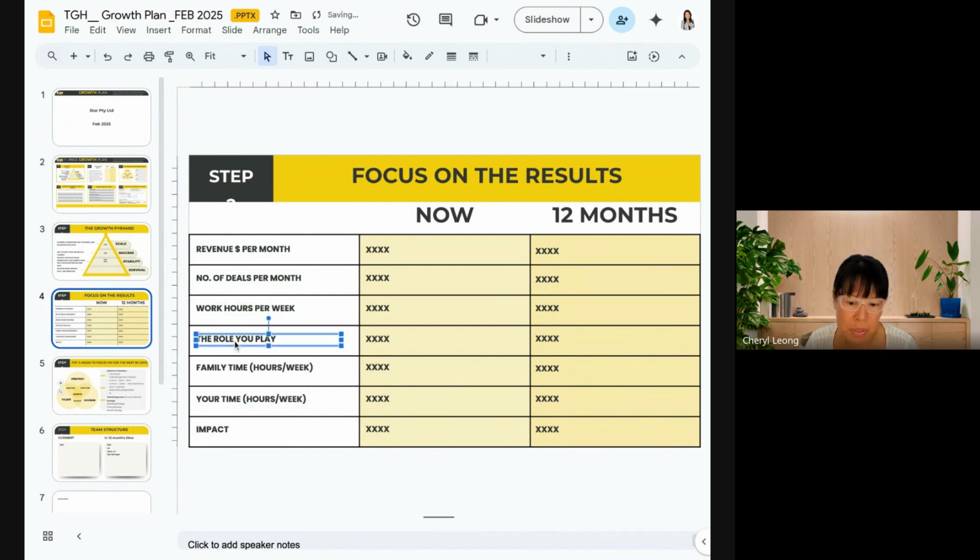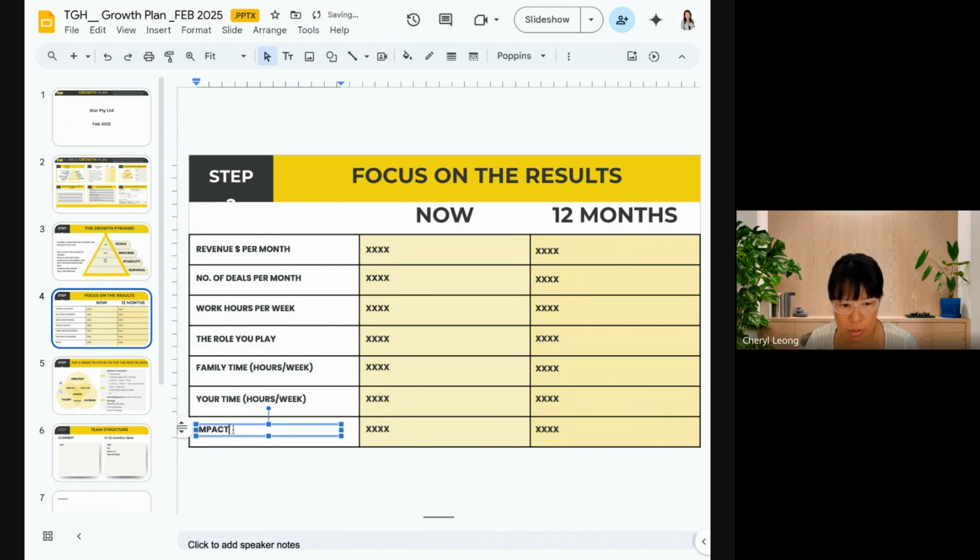What's the role that you play? Are you the CEO, Chief Everything Officer, now, or are you the actual CEO where you're overseeing the vision and the strategy? Are you getting in the family time and your time?